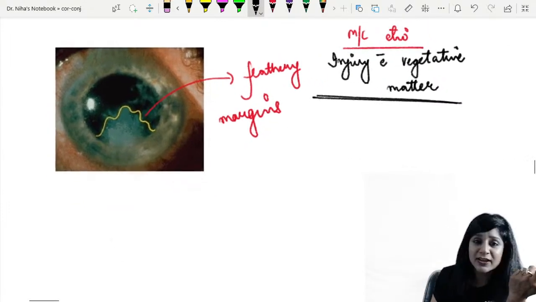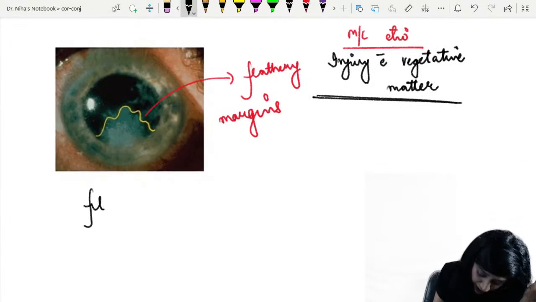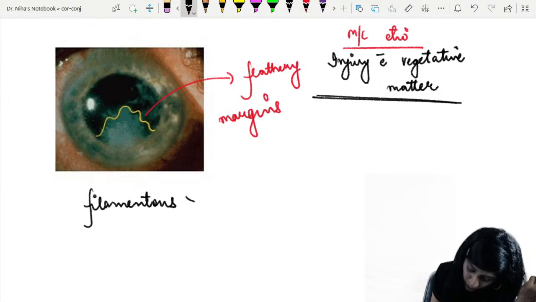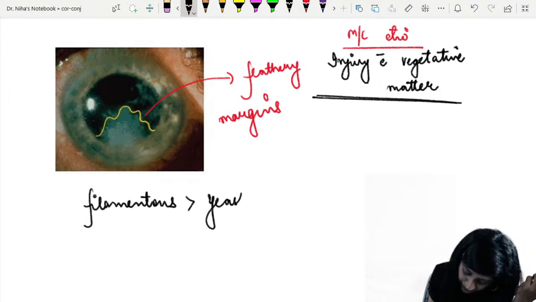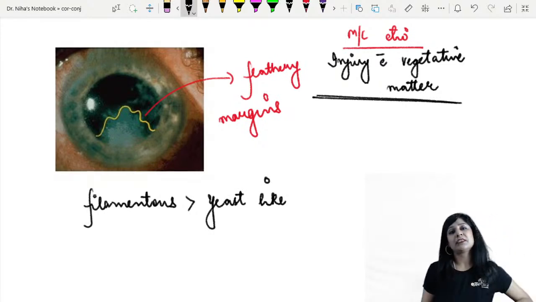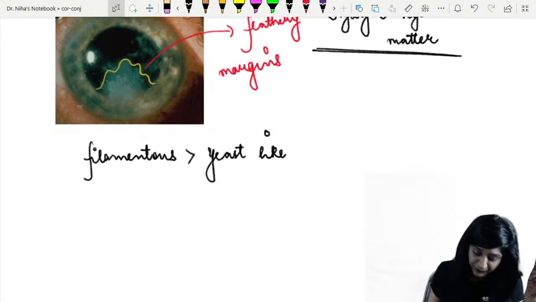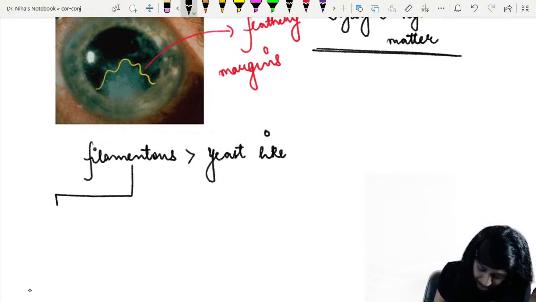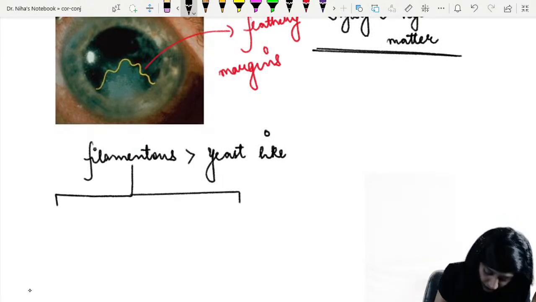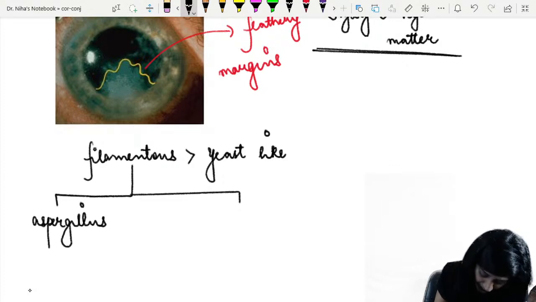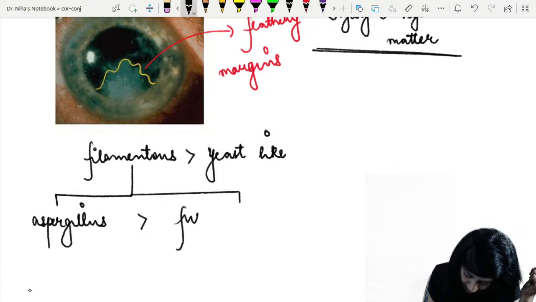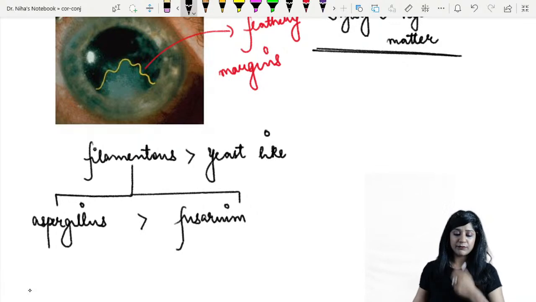Name of the fungus. What is the most common fungus we are having? The filamentous fungus is more common than the yeast-like fungus, and in the filamentous I will have two. One is your aspergillus, and this is more common than the fusarium.